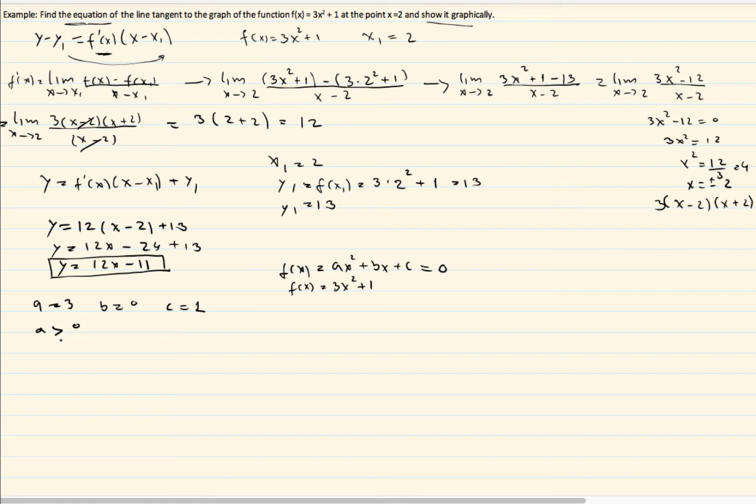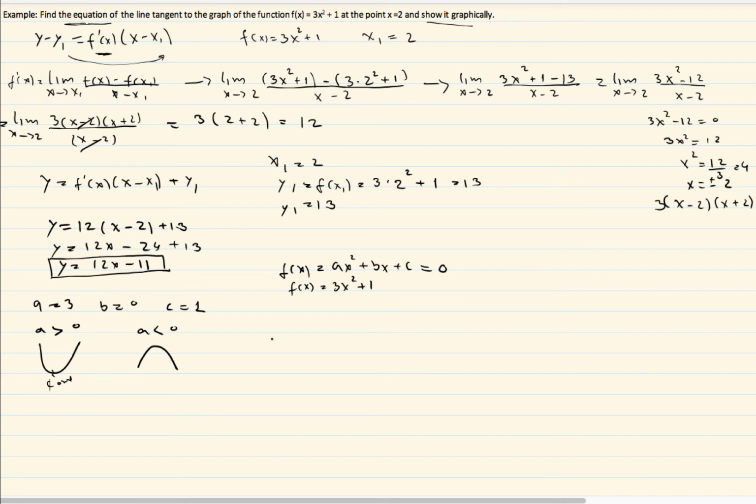When a is greater than 0, it's something like this. If a was less than 0, it would be something like this, which is concave, and this is called convex. So knowing now that we have a graph of a convex function, we need to find the coordinates of the vertex.